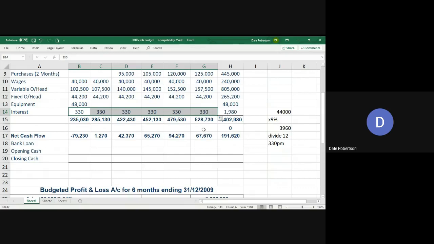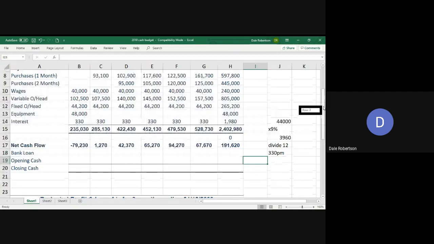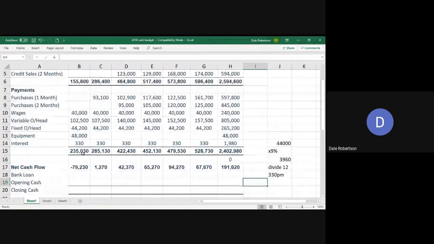Now, my Excel sheet has done some work here, which your calculator will have to do, which is adding up. Let me just show you. We're adding up all of the payments to get 235,030, and all of the payments in August to get 285,130, etc. And then, of course, I showed you the process in the ordinary level questions.